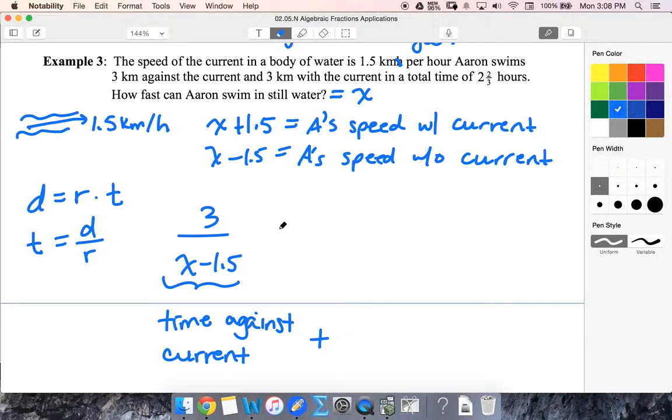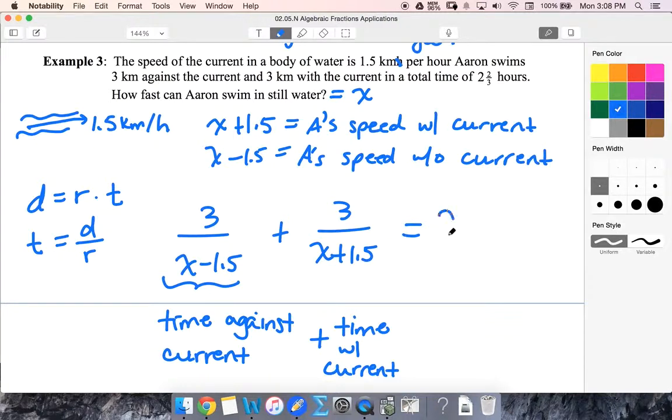And then if we add 3 over x plus 1.5, this is his time with the current. And that's equal to his total time, which was 2 2/3 hours. So now I've got an equation to solve.